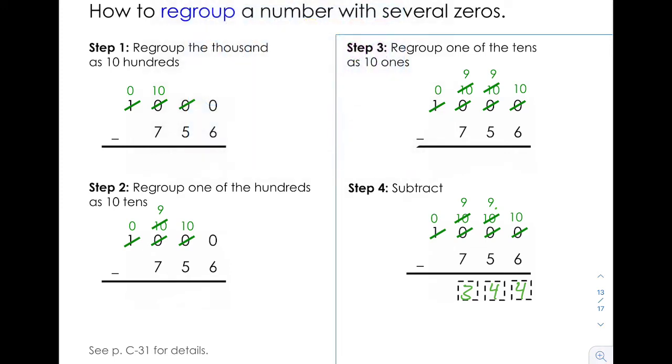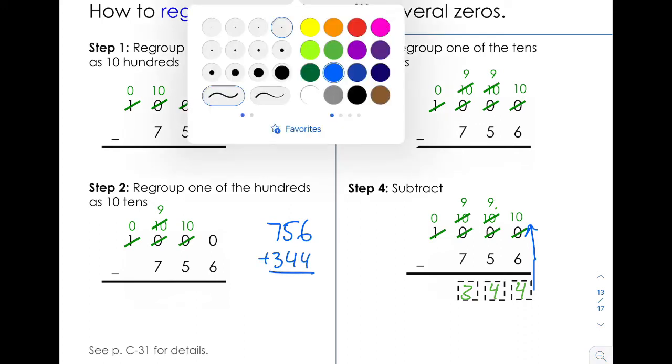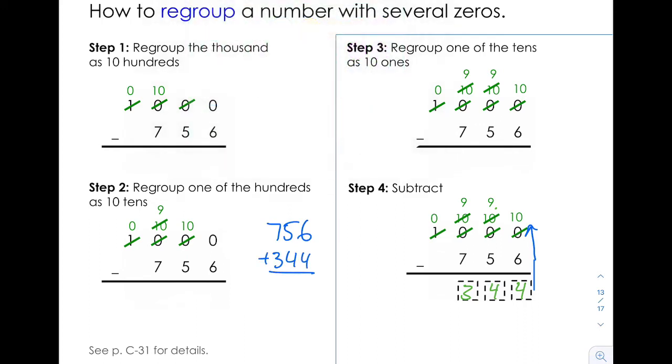I can do a quick addition to check my answer. So 344 plus 756 should give me 1,000. I know how to add large numbers, so I'll just do that here on the side. 6 plus 4 is 10. 4 plus 5 is 9 plus 1 is 10.